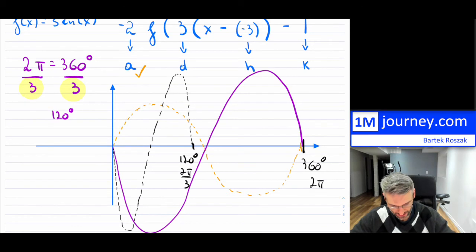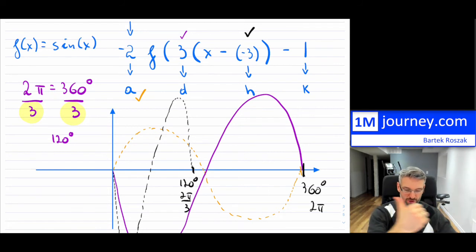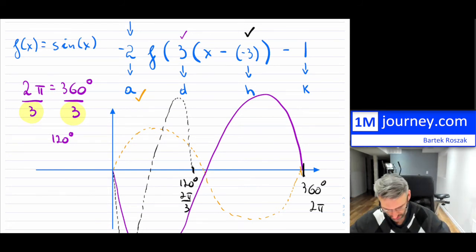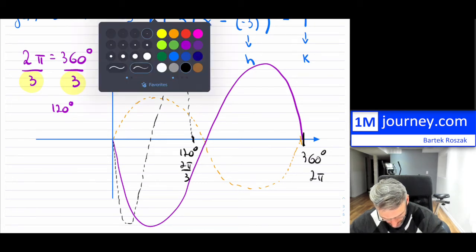Now, next one, the h, so now it's going to be shifting this basically to the left by 3. So it's going to shift it this way. So this, you know what, let me try. I'm going to try to do that.